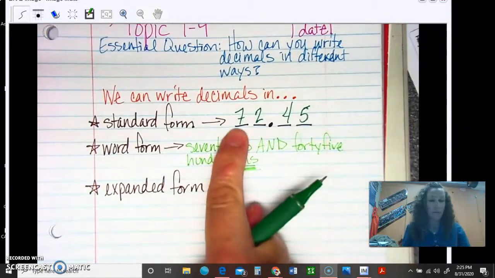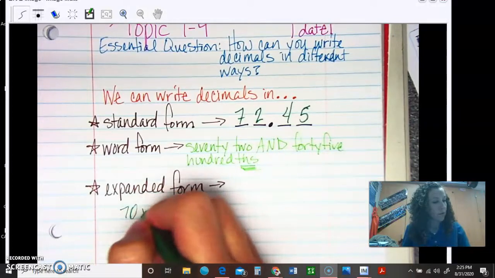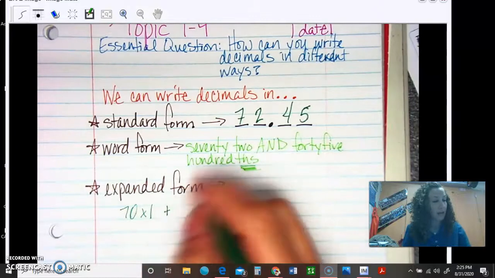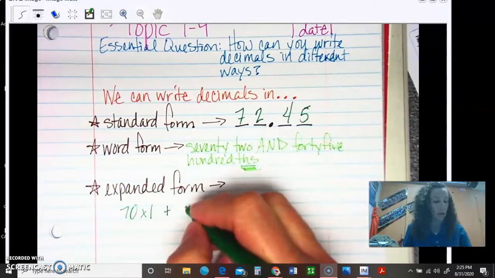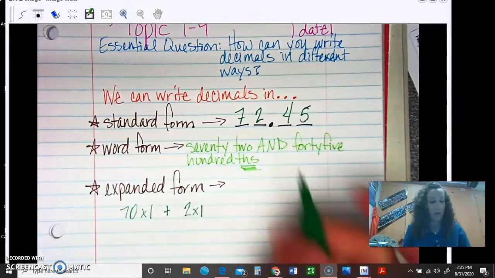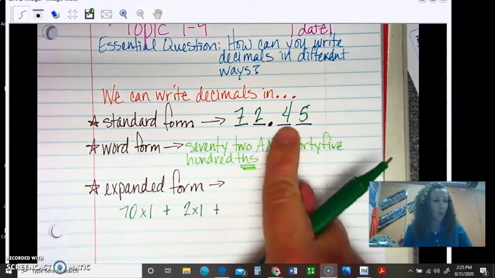So we're going to take that first digit, okay? And we're going to do 70 times 1, okay? Then we're going to add the next digit, which is 2 times 1. Now we're going to add the next digit, which is that.